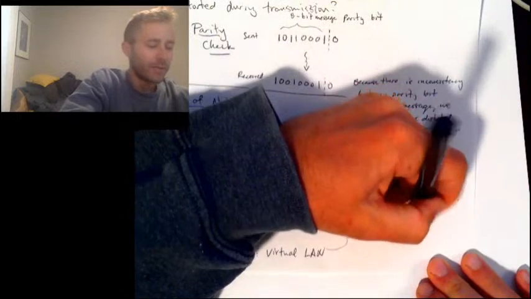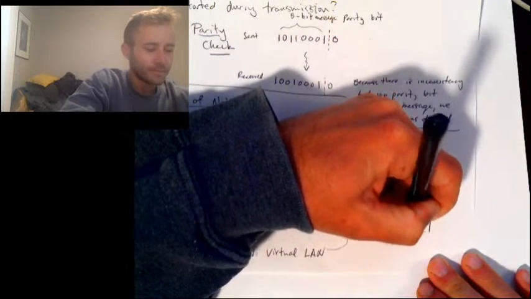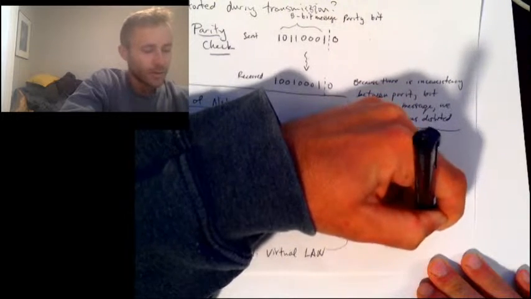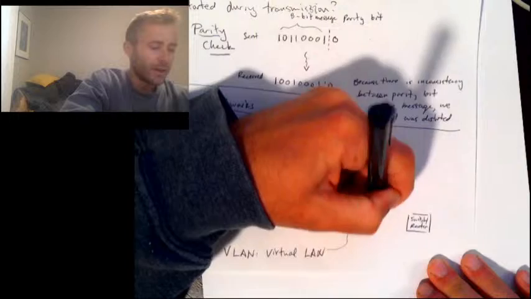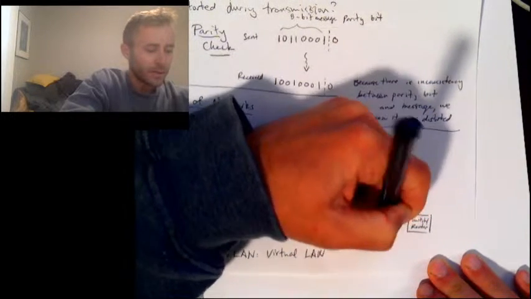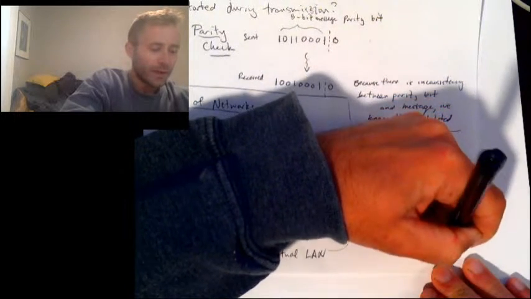A virtual LAN is when you have a switch router combo or whatever, and you have C0, C1, C2 connected to it, and then maybe you have C3, C4, C5.